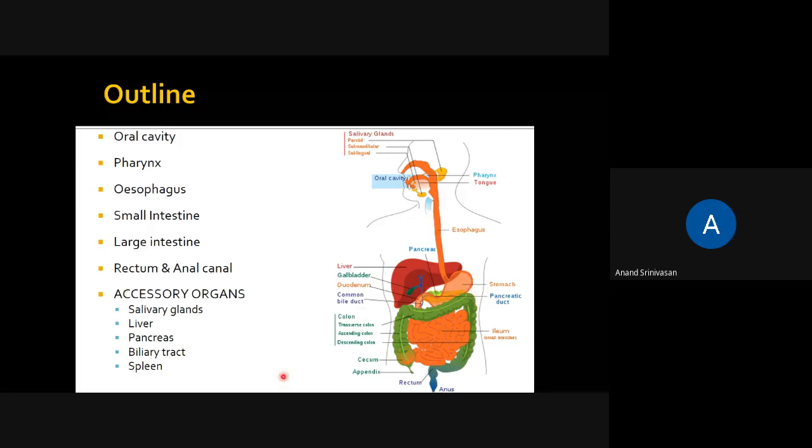The spleen is not shown. These are the accessory GI structures. They are also part of the gastrointestinal system, but they do not come in contact with the food directly; they help in digestion.